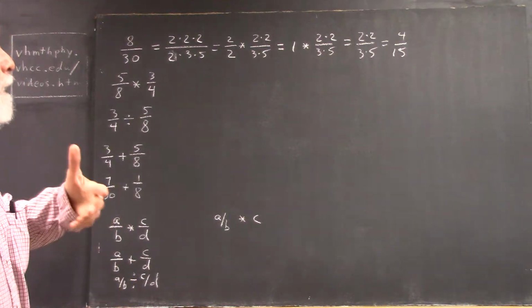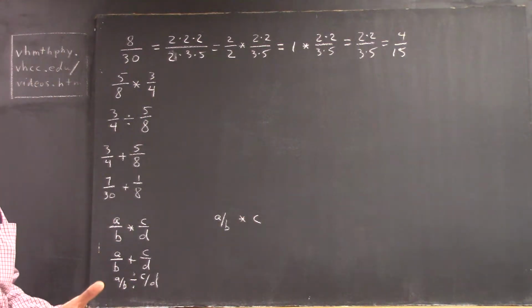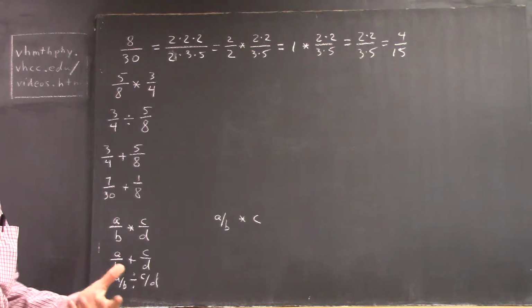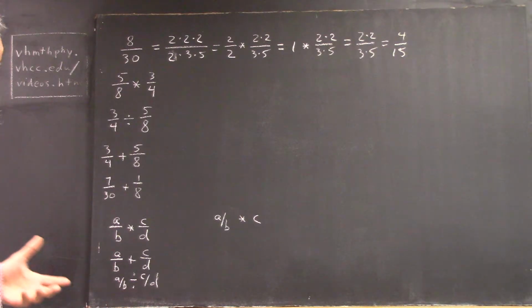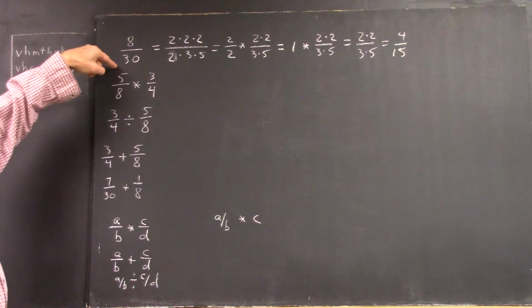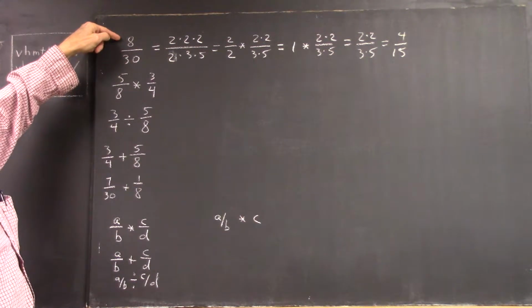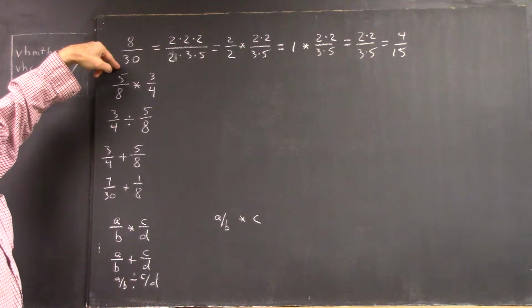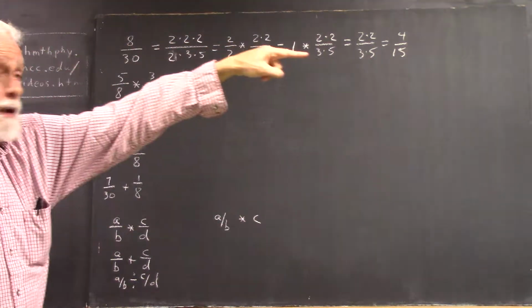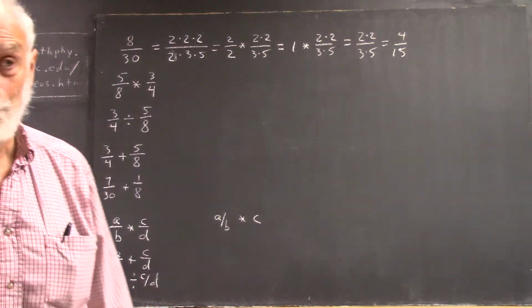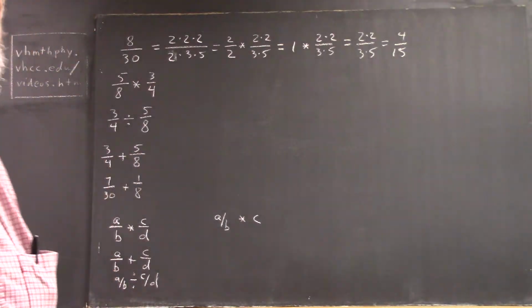Now, the way you were taught to do this in elementary school was you look for a number that divides both of these, right? That's perfectly okay. You divide by 2, you get 4, right? Divide that by 2, you get 15. But I want to see this process. I want to see you do prime factorization.